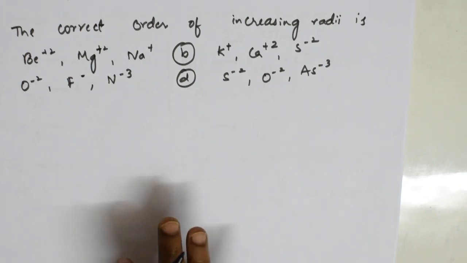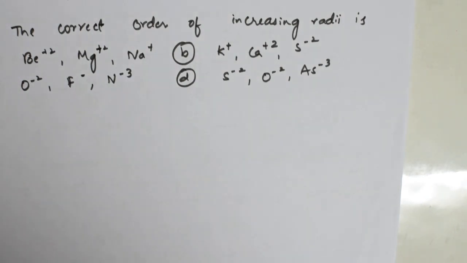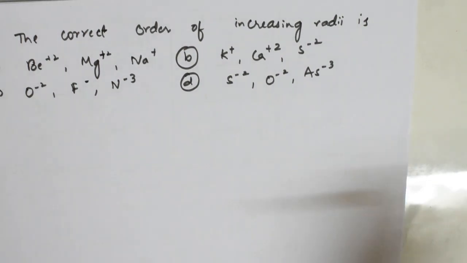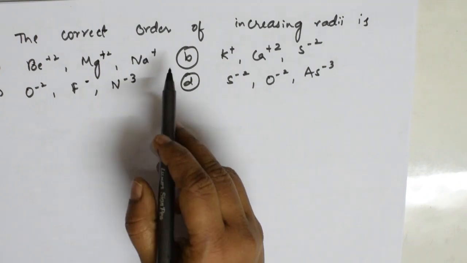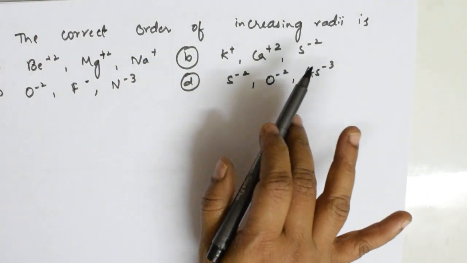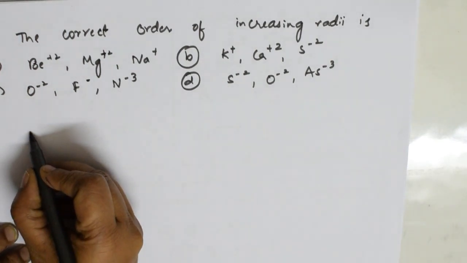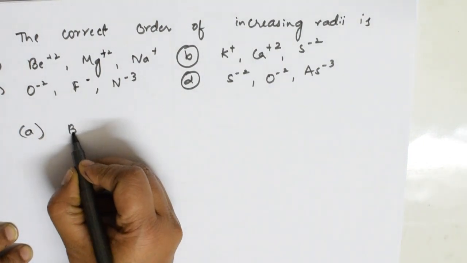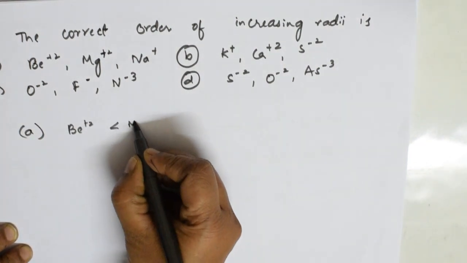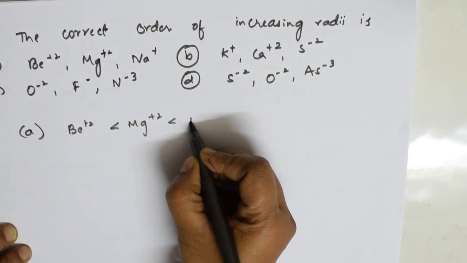Here they've asked for the correct order of increasing radii. A very interesting question. They have given me 4 options. How do I select? As I said, when we move from left to right in the periodic table, the ionic radii decrease. So individually, the first one is beryllium less than magnesium less than sodium.